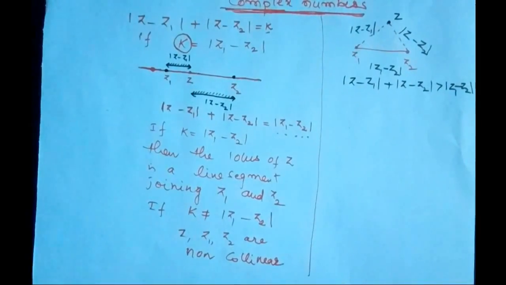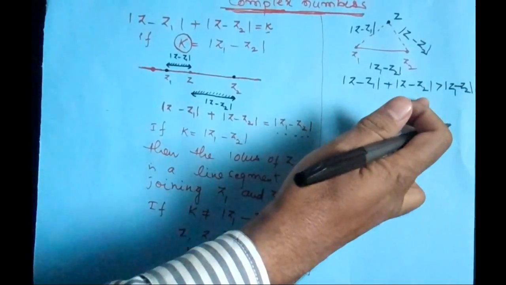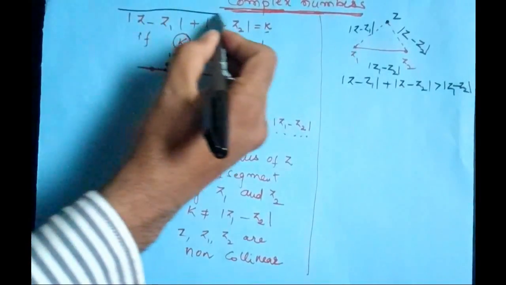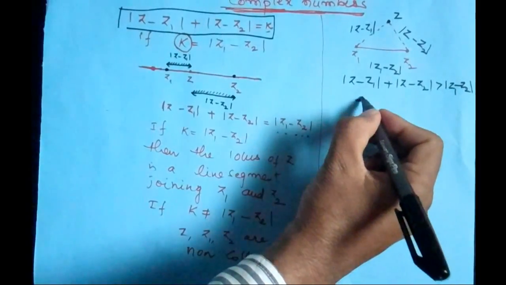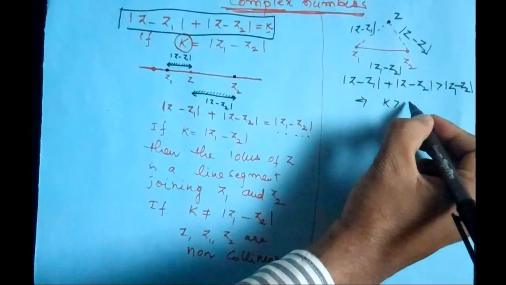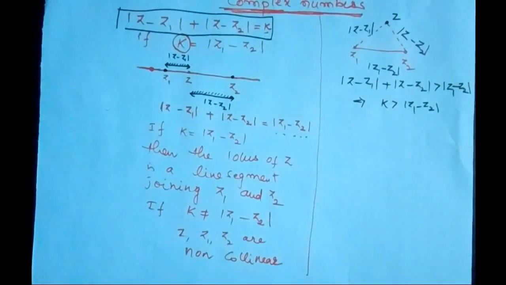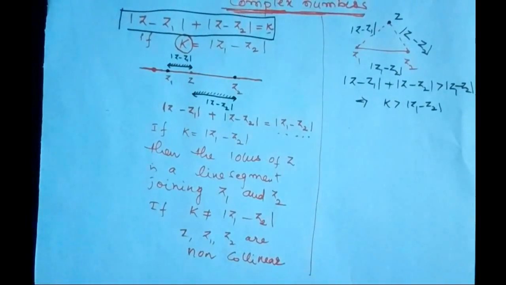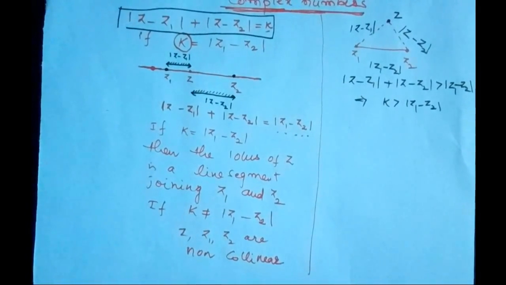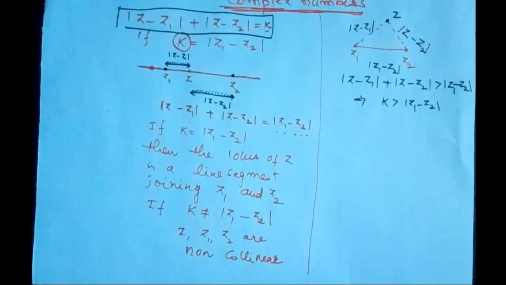Now I supposed that modulus of z minus z1 plus modulus of z minus z2 equals k. Therefore k is greater than modulus of z1 minus z2. Like in the previous case, if k is less than modulus of z1 minus z2, what happens?